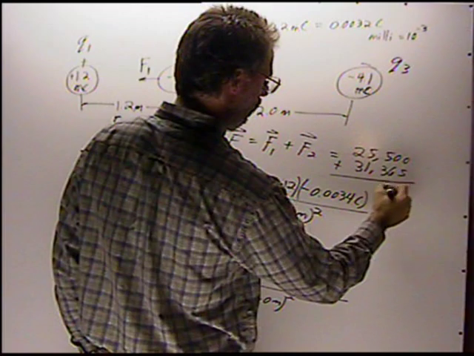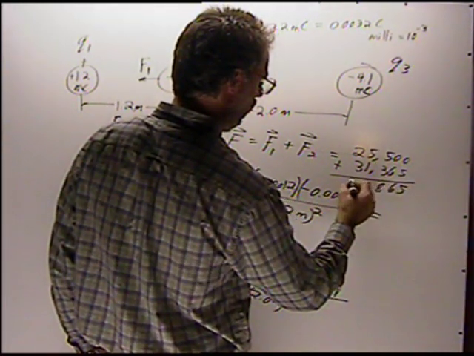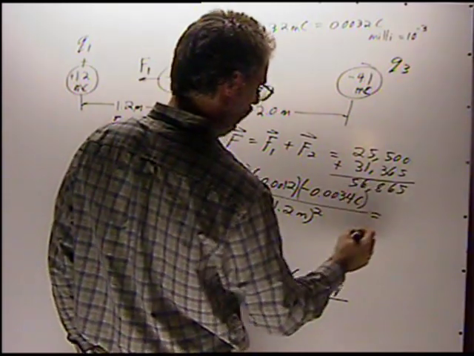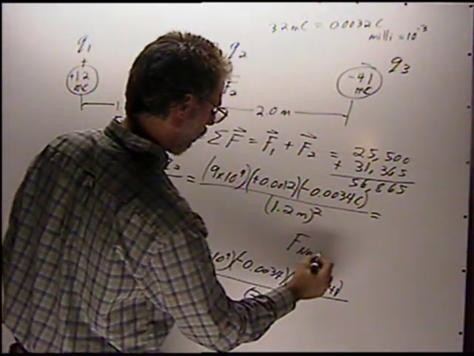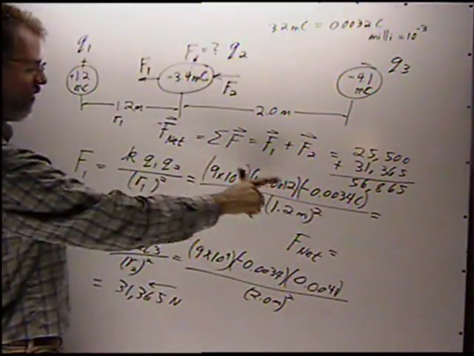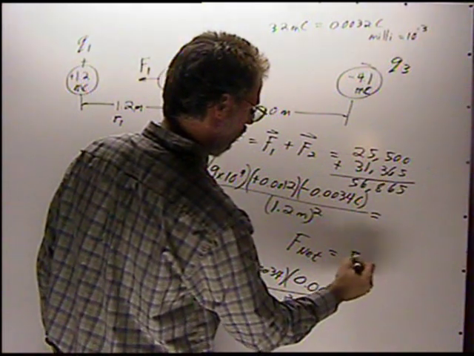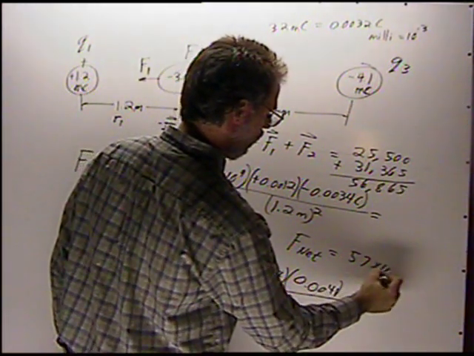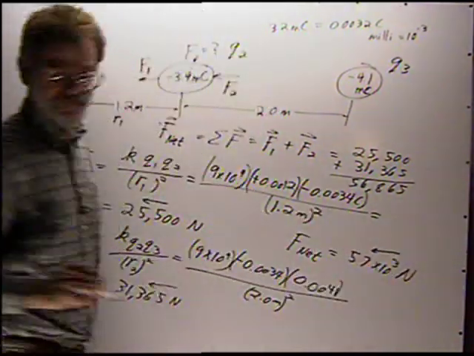I get 5, 6, 8, 6, 5. Or if I round, the net force, if I go to two significant figures, will be 557 times 10 to the third newtons, and it's directed to the left.